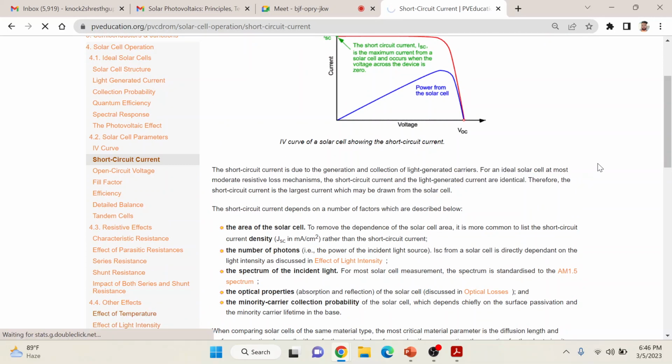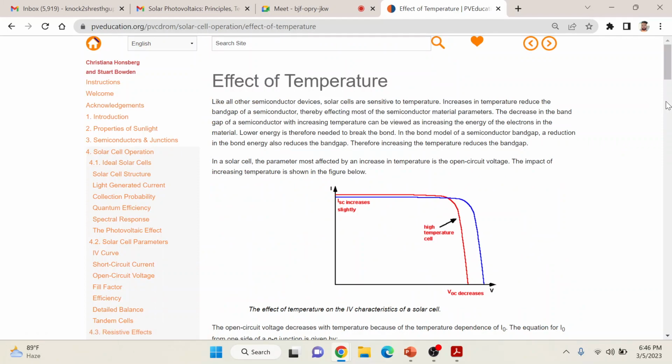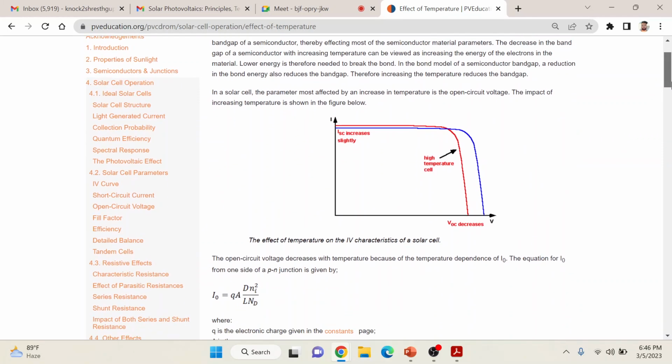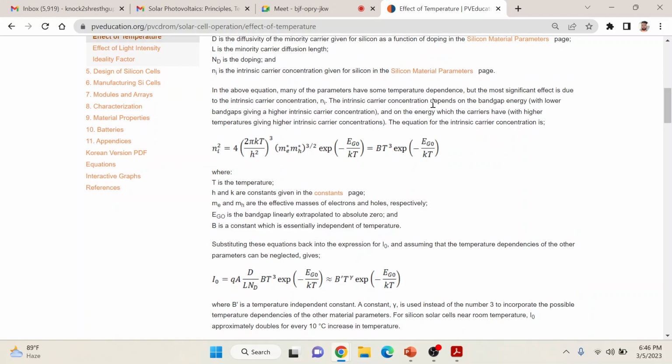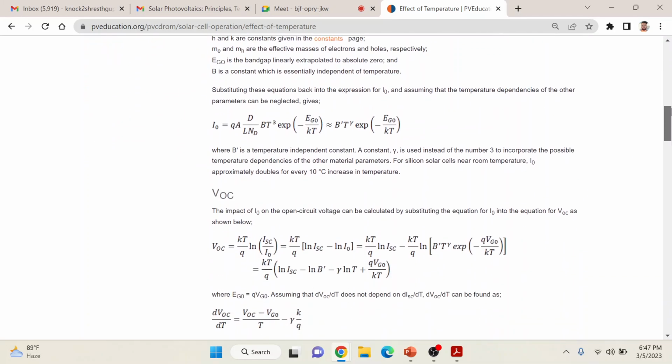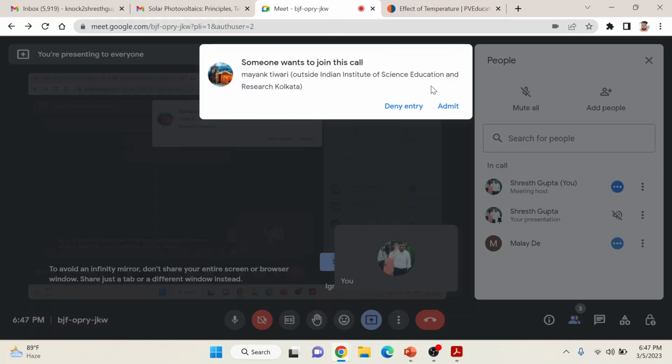As I'm showing you, with different changes of temperature, ISC increases and VOC decreases. The equation that relates this is a very lengthy equation.